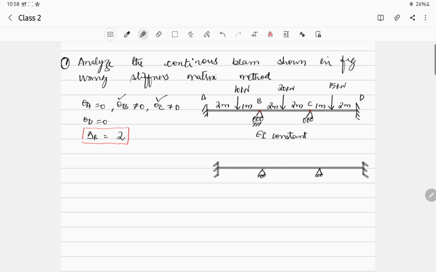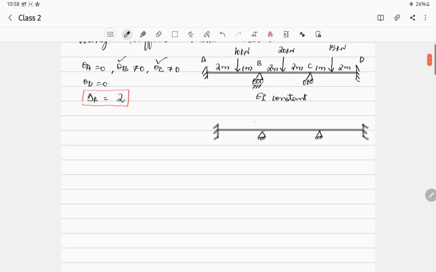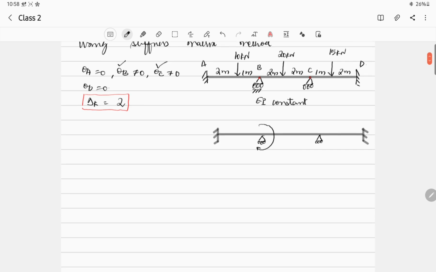Okay, so what we will do here is try to rotate this part of the beam. Very carefully you have to observe here. We give a small rotation over here. What I am doing now is trying to rotate this part of my beam.